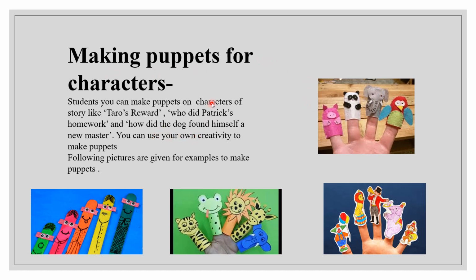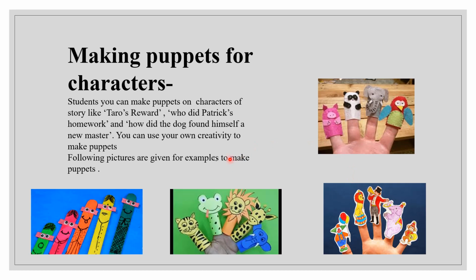We have 3 lessons in our portion for this unit test. Tarot's reward story is there, who did Patrick's homework is there, and how did the dog find himself a new master. These 3 lessons are there. So you can use your own creativity to make puppets. You will make character puppets of these 3 lessons like shown in this picture, and you will tell a story with the help of that, or you can just make a puppet also.